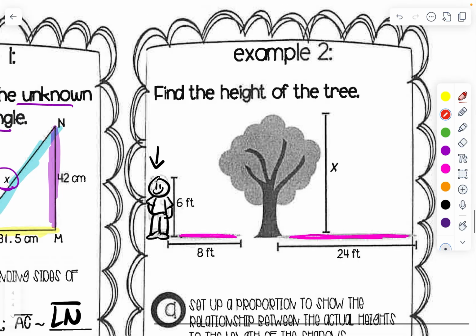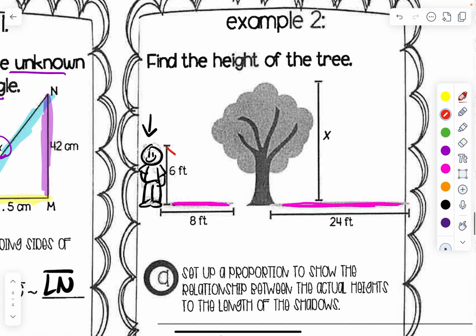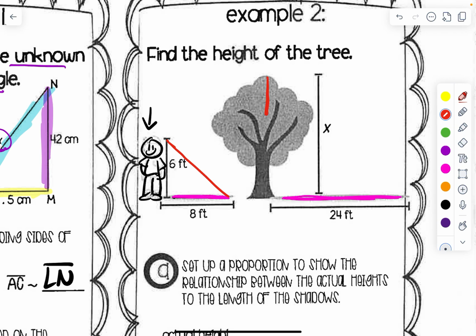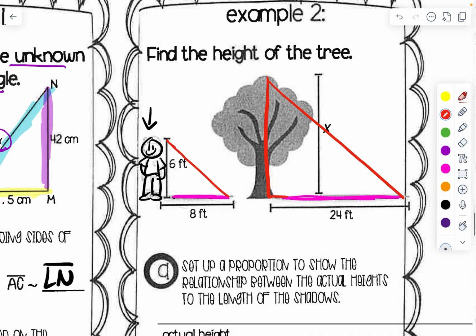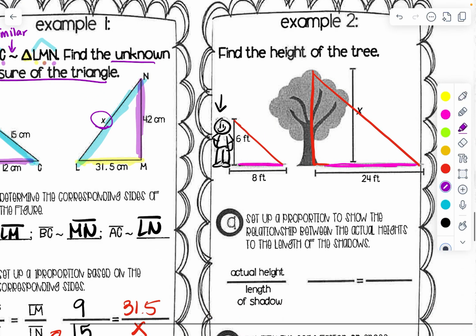So we're going to go ahead and think of these as two triangles. And then I'd put the height of the tree probably here at the edge of that 24 feet. And then work with it like this. Okay, so now we're going to highlight the sides that correspond so I know how to set up my proportion. So the height of the guy is going to correspond to the height of the tree.